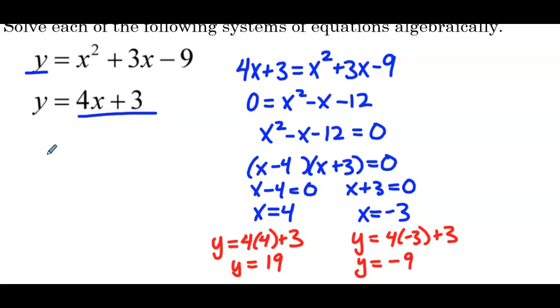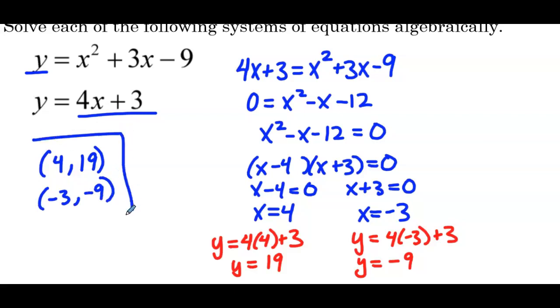Our 2 points of intersection are (4, 19) and (negative 3, negative 9). So there we have our first system of linear and quadratic functions solved algebraically.